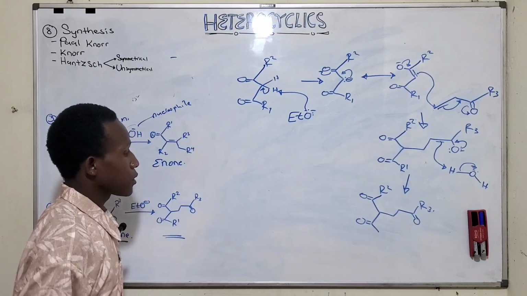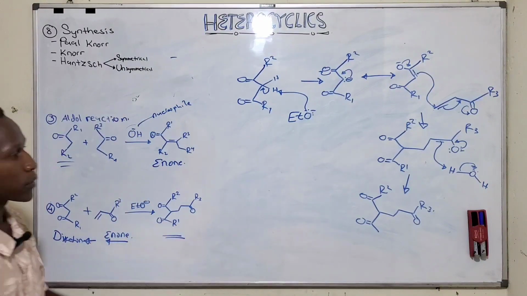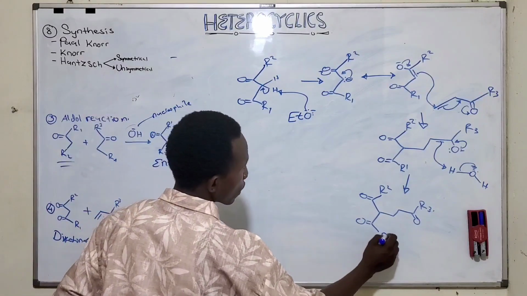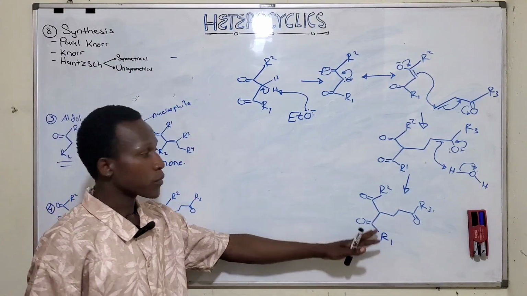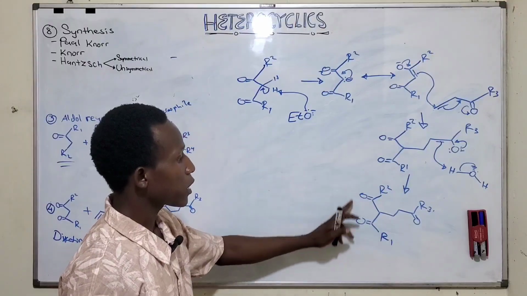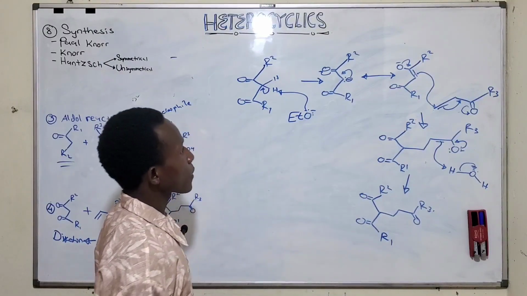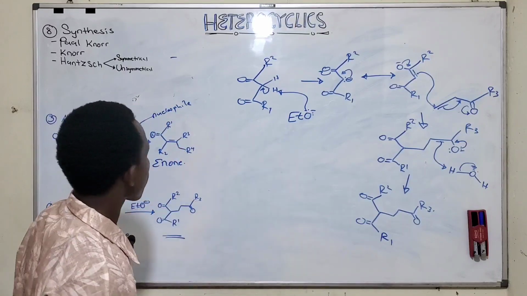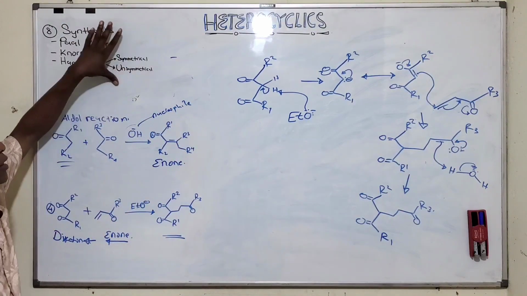So that's the conjugation. And here you have R1. R can be any substituent, but it's a diketone having an alpha carbon. So that's the mechanism. Now we are good to go. Let's talk about this synthesis.